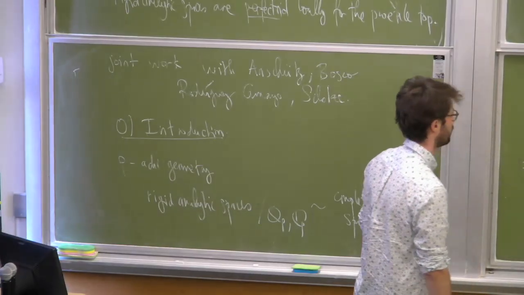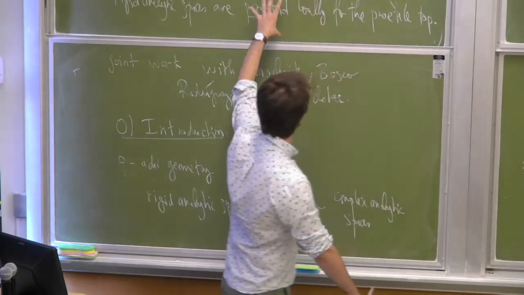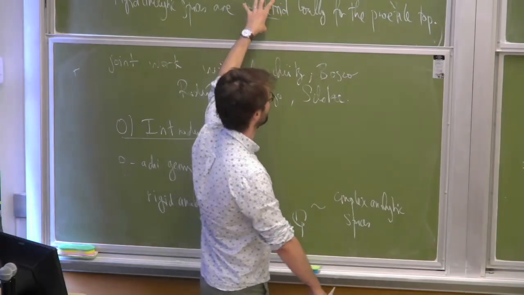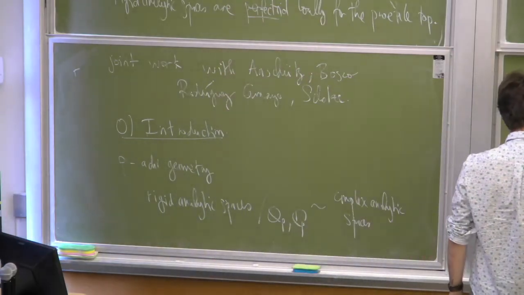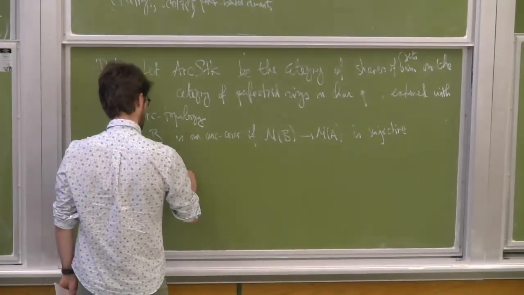And so the way you make this idea that you work consistently locally for this very fine topology and reduce to the perfectoid case is by basically the following recipe.